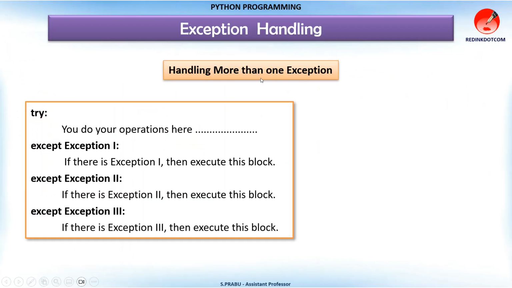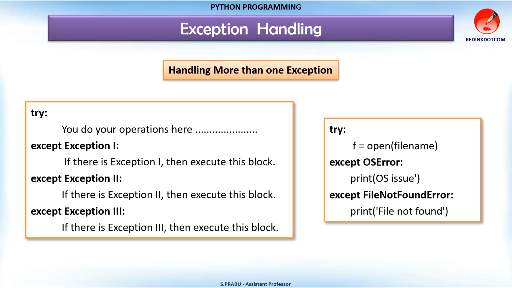We can handle more than one exception in a single program. So in this try block, we can give the suspected code that may raise runtime errors. The runtime errors may happen due to different reasons, that means different exceptions can be handled like this.